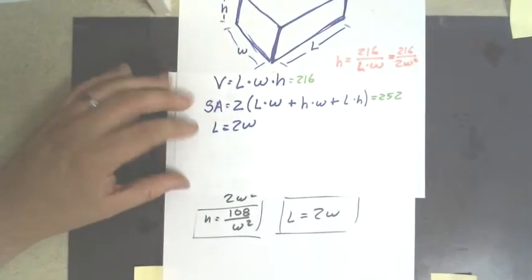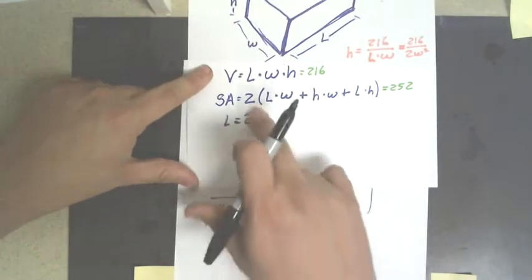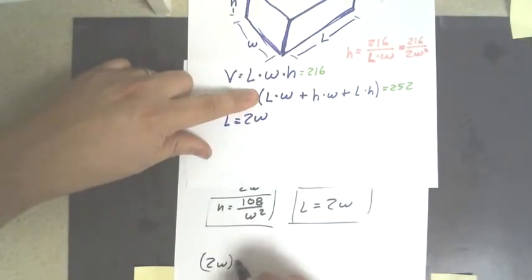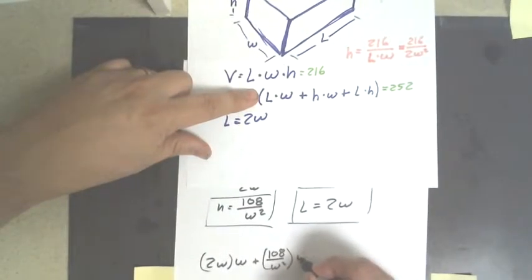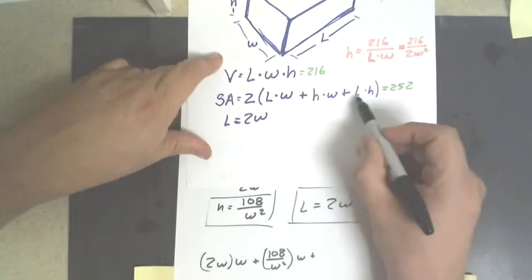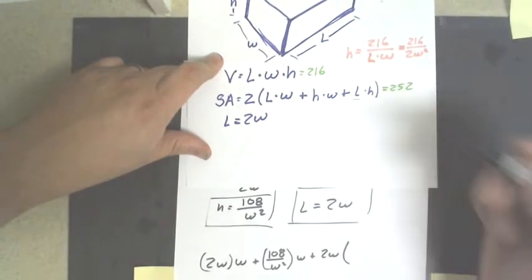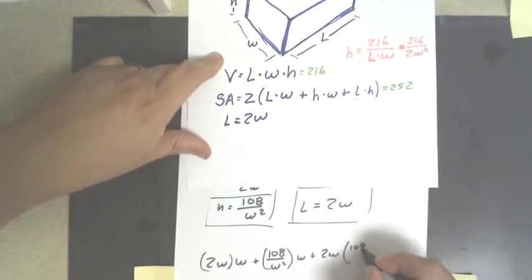So we go back to this big formula for surface area, and we start with length times width, but that length can be 2W times width, plus the height, that's 108 over W squared times W, plus our length, 2W times H, and H is our 108 over W squared.